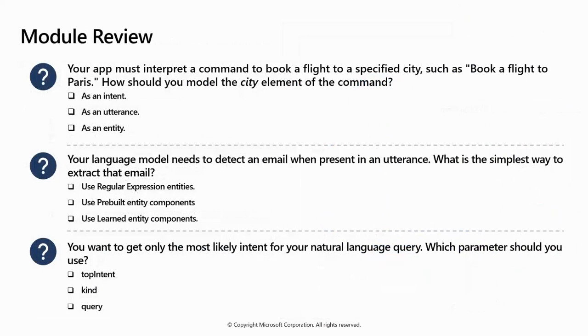So, the first one: your app must interpret a command to book a flight to a specific city, such as book a flight to Paris. How should you model the city element of the command?